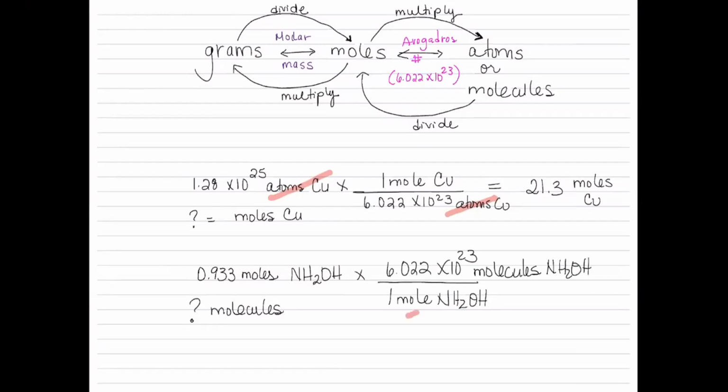So moles of NH2OH cancel on both sides. That means that our left unit is going to be molecules of NH2OH. And that's where the result comes from, which is rounded to the correct number of figures, 3.62 times 10 to the power 23.